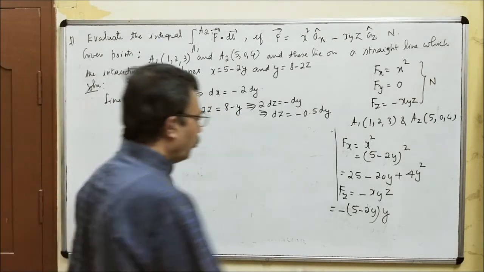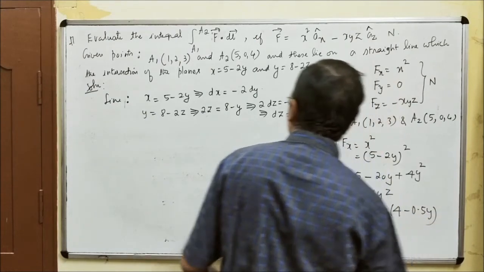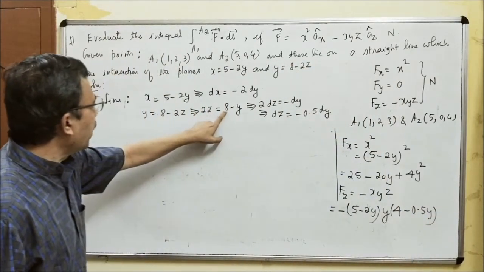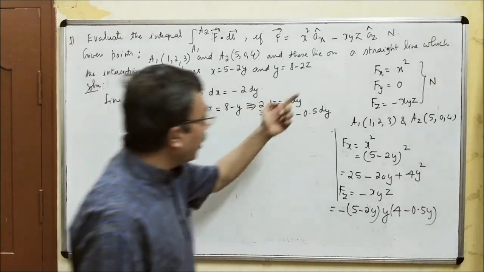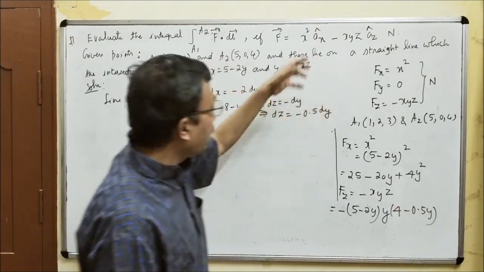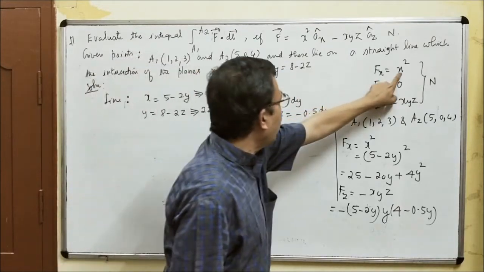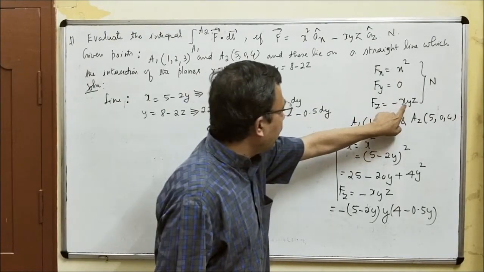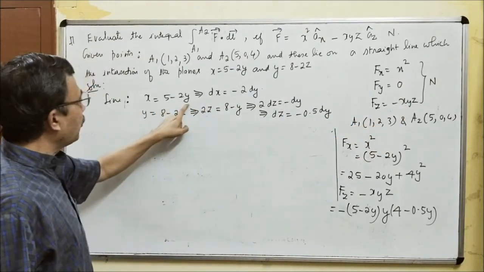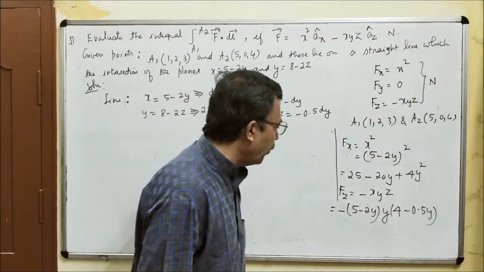So z is 4 minus 0.5y, dividing both sides by 2: 8 by 2 is 4, y by 2 is 0.5. What I want is Fx and Fz to be expressed in terms of y only. Therefore, I replaced x by 5 minus 2y and z by 4 minus 0.5y in this expression.